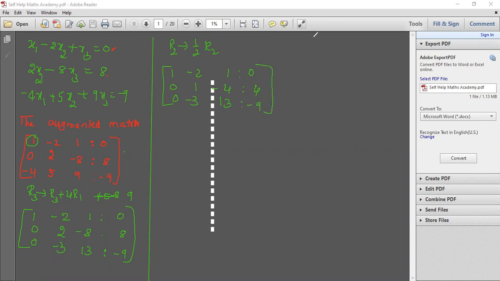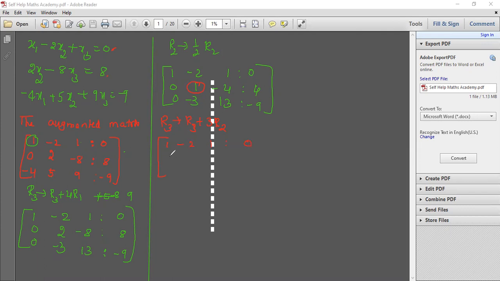Okay, so again you can observe that here you are having 1 and here you are having minus 3. With the help of this R2, I can make this element 0. So what I do, R3 changes to R3 plus 3 times R2. If I do this row operation, I'll be getting here 1, minus 2, 1, 0.